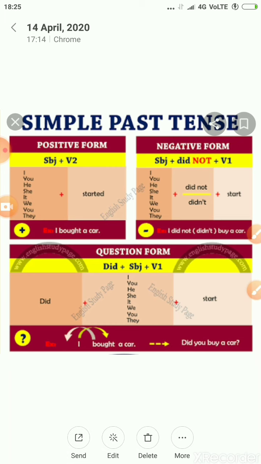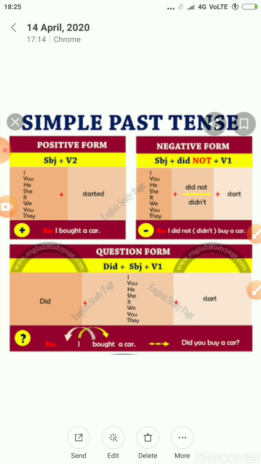Simple past tense is, we can define it as a task which is finished or completed. There are certain verbs required for the positive form, but for the negative, interrogative and WH or question form, only V1 is used in that condition.